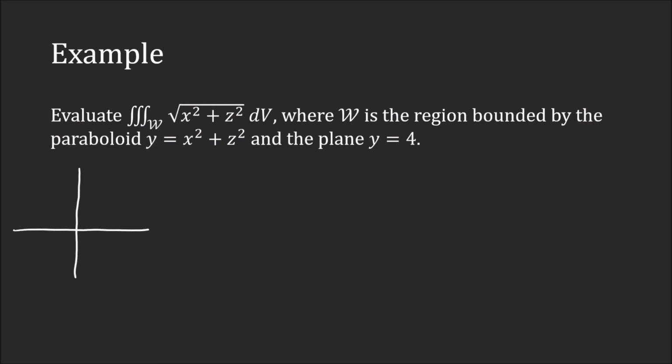Right, so y equals x squared plus z squared. If you look at the projection, this is the x-axis here, this is the z-axis here, with the plane y equals 4. So you can plug in here, you get 4 equals x squared plus z squared.